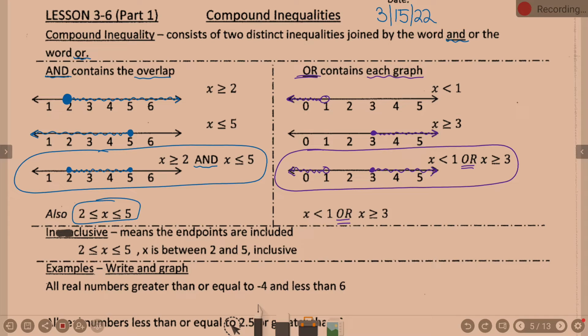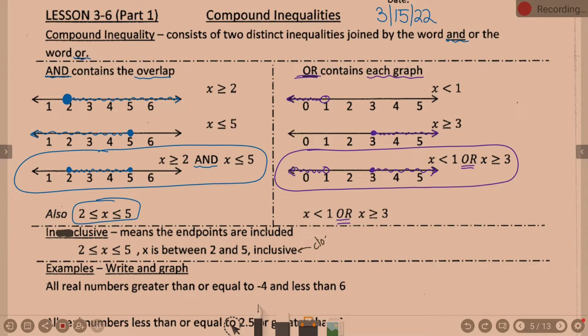And I just want you to be aware, because I saw in homework, I believe, when you see the word inclusive, inclusive means the endpoints are included. So if something is inclusive, like this one over here, you're going to fill in the endpoints. They're going to be closed circles. So this one, x is between 2 and 5 inclusive.